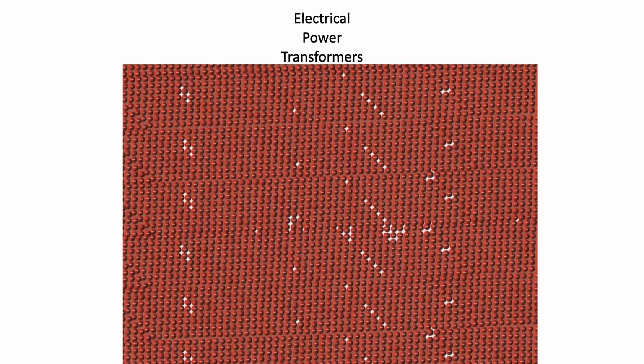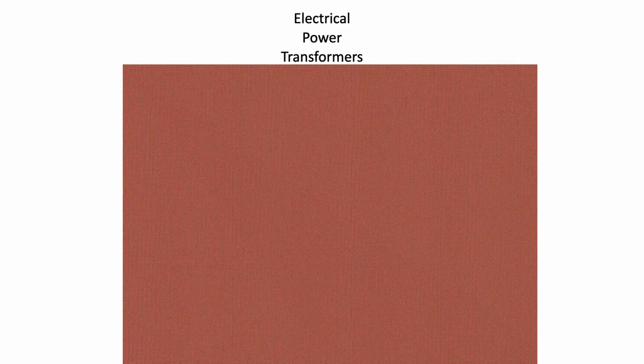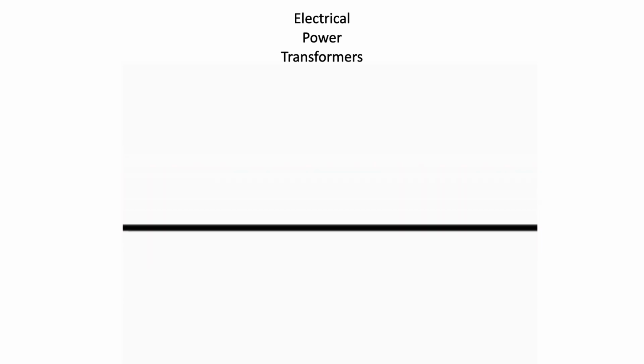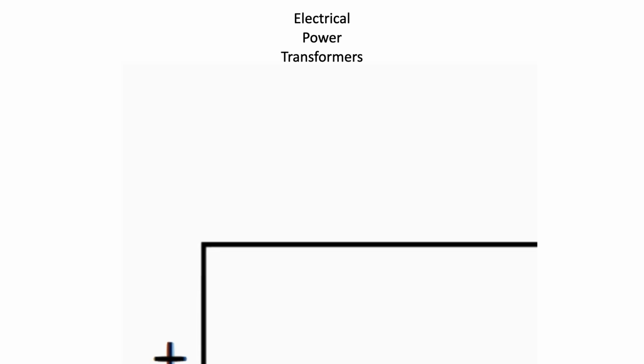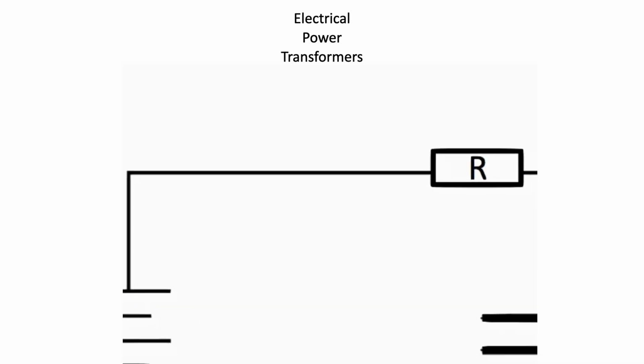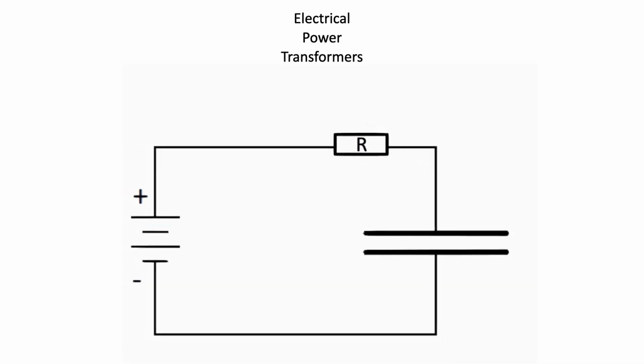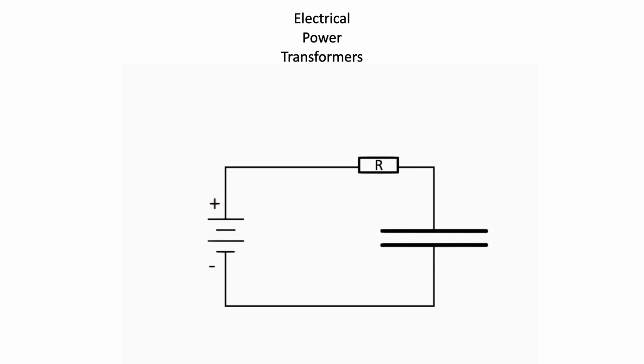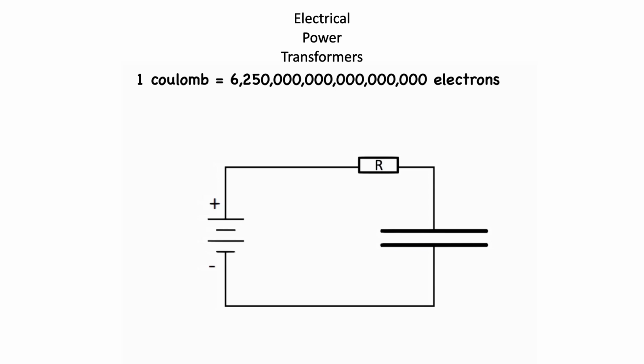Concentrate on the electrons only and start to zoom out and out to the point where you cannot collectively see all of the electrons in the circuit at one time. So we just have to imagine what it is and know that the electric charge of 1 coulomb is made up of 6,250,000 with 15 zeros electrons.